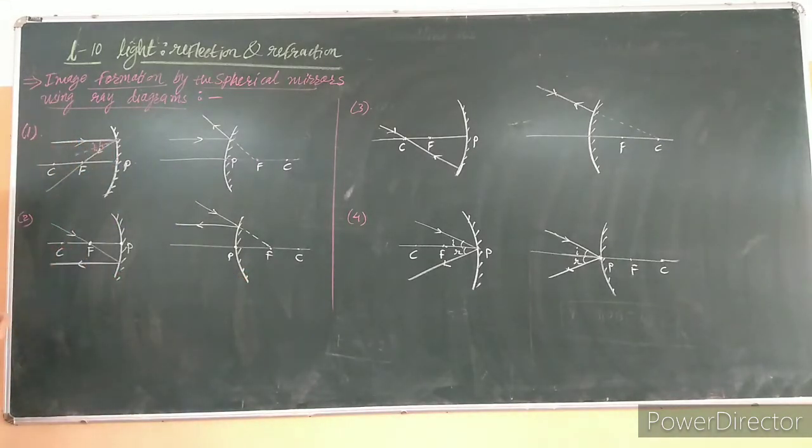Secondly, if the incident ray is passing through focal point F, then after reflection it will become parallel. These two cases are the inverse of each other. If the ray is parallel, it passes through F, and if it passes through F, it becomes parallel after reflection.